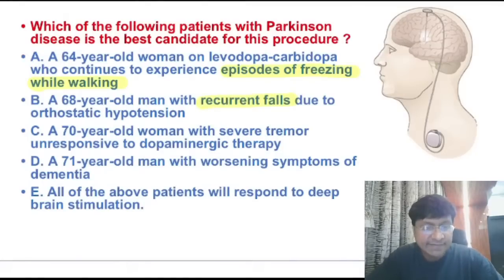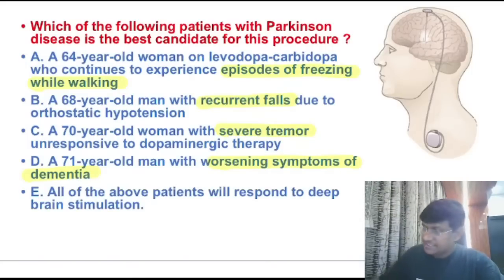Third option, a 70-year-old woman with severe tremor unresponsive to dopaminergic therapy. Fourth option, a 71-year-old man with worsening symptoms of dementia. And fifth option, all of the above patients will respond to deep brain stimulation. So what do you think is the correct answer here?